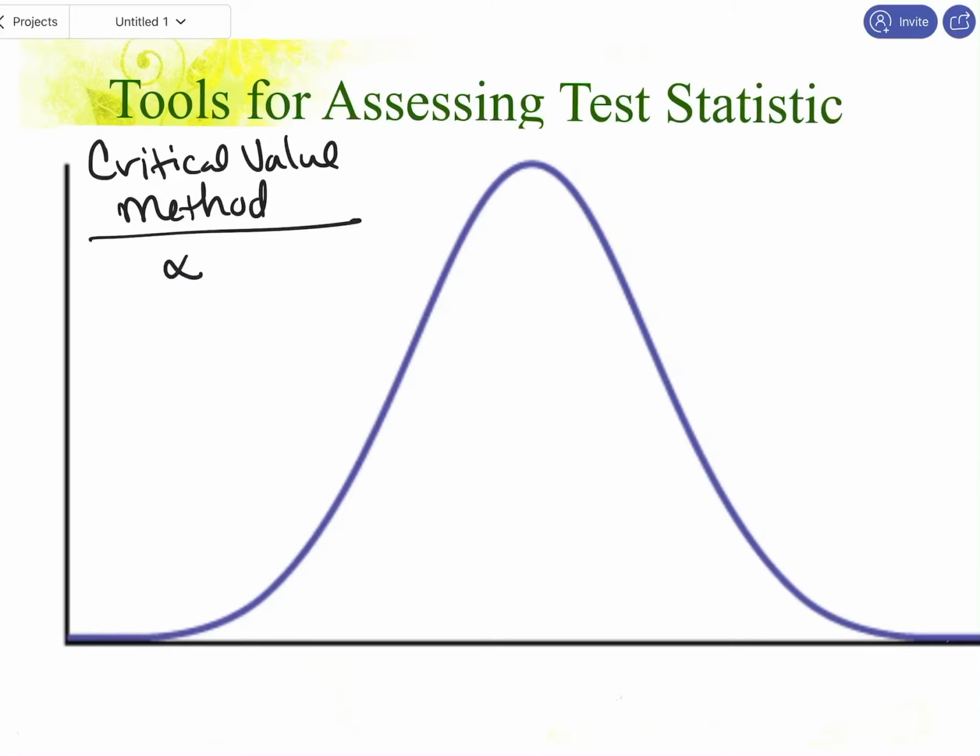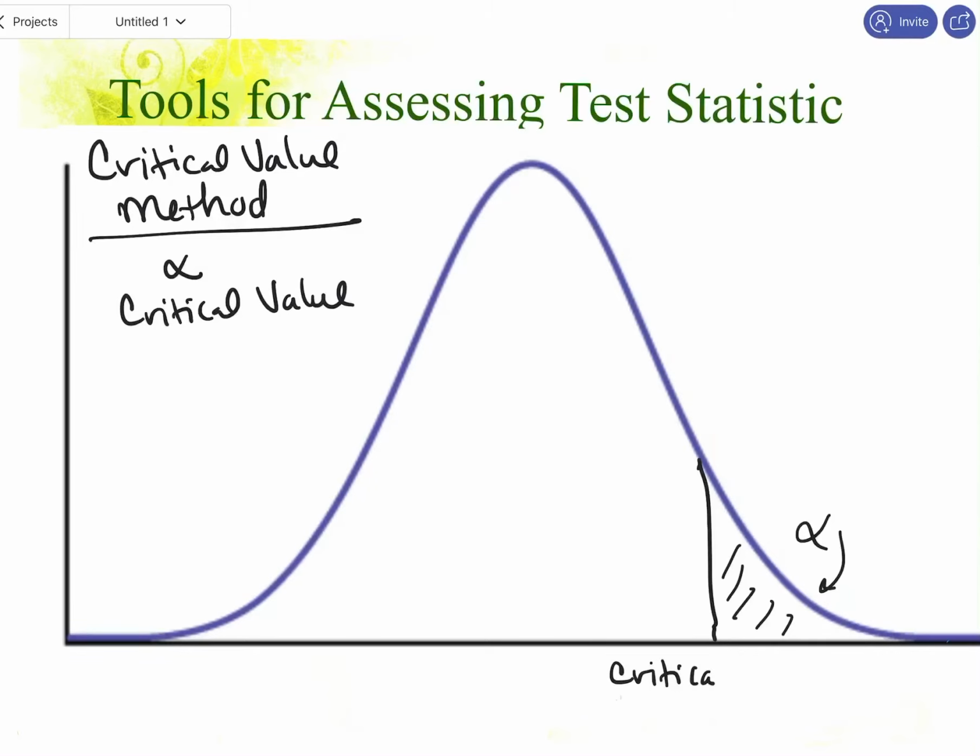In the critical value method, you have your alpha and its corresponding critical value. So let's say we're doing a one-tailed test. This region over here has area alpha, and it has a corresponding critical z-value.